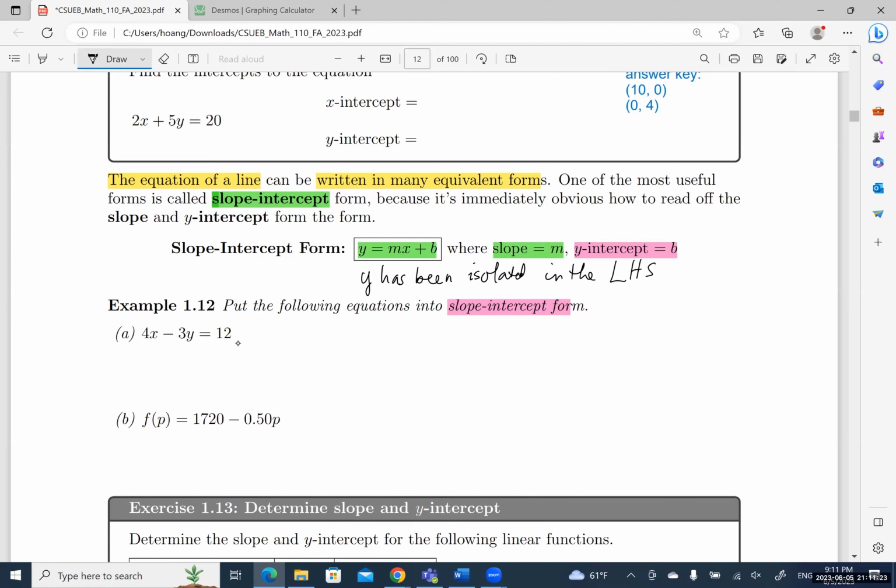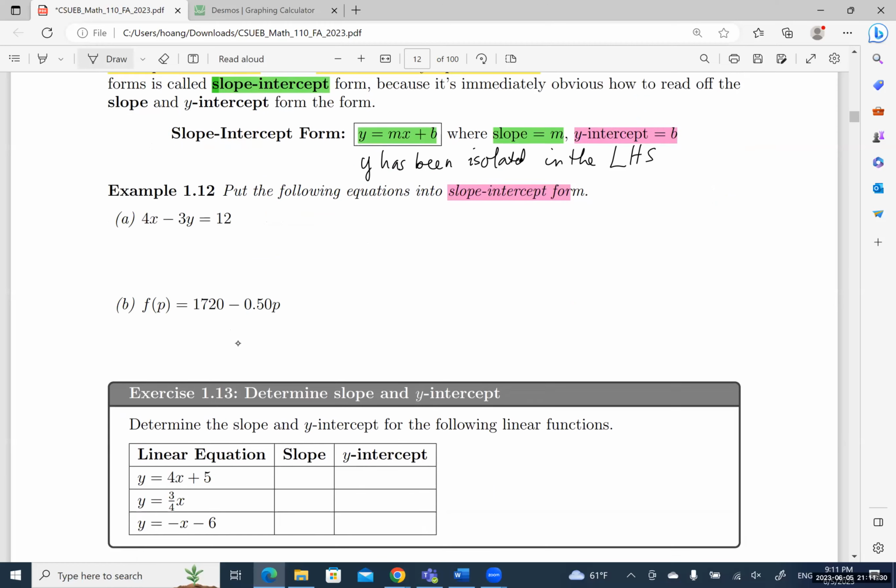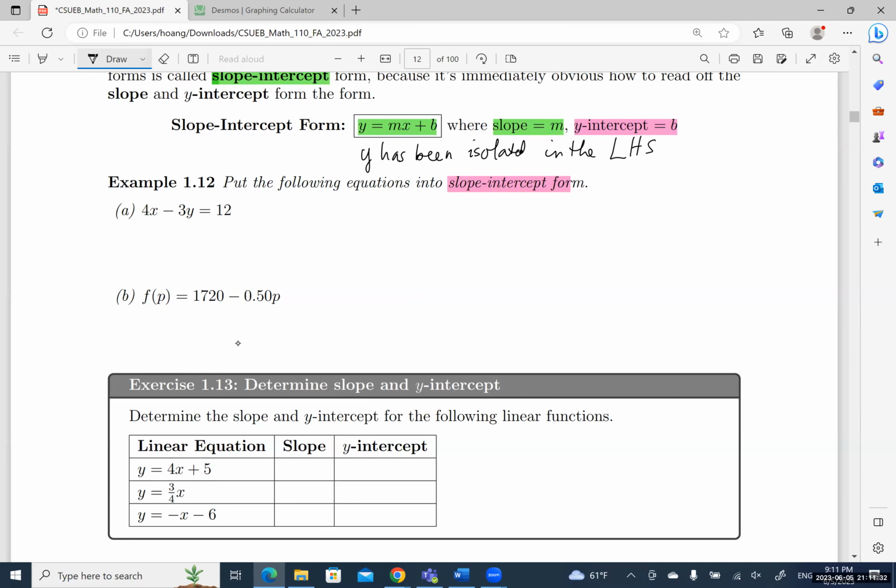Okay. So then we can go ahead and try to isolate the y to be alone.